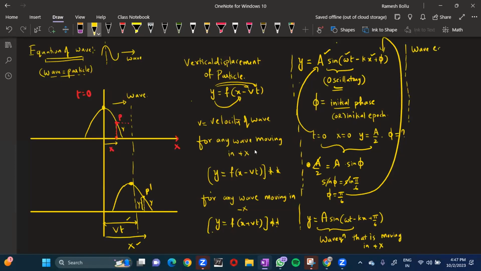How will you write? Tell me, children. Very simple. y is equal to A sine of (omega t plus kx plus phi), children. That's it. It is very simple. So you can interchange also.